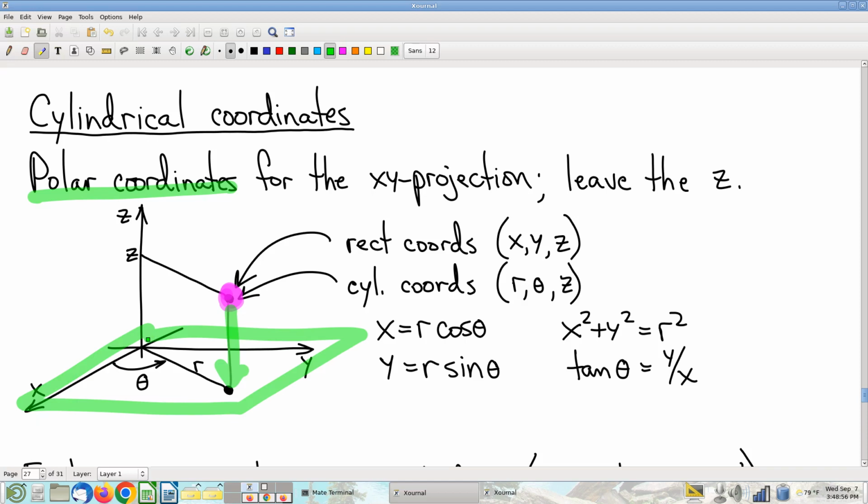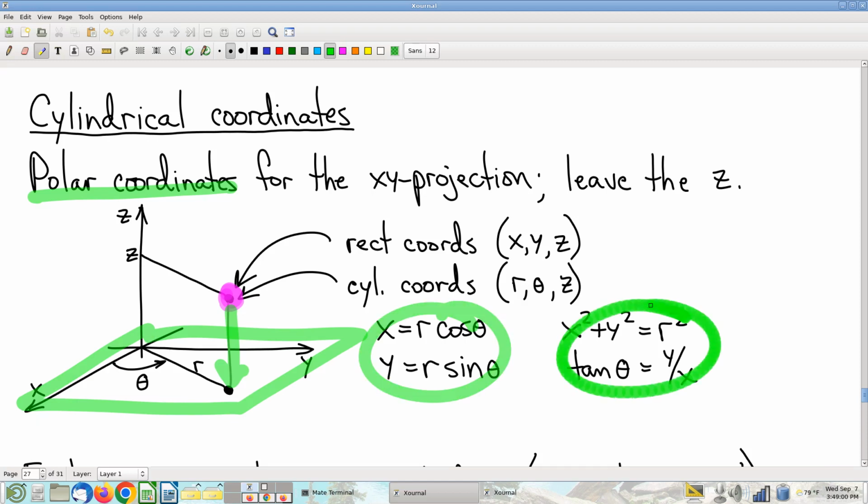And in the XY plane, we have existing relationships, and the rectangular coordinates are represented literally by the polar coordinates. So the first two cylindrical coordinates are exactly the existing polar coordinates. So that's a lot of good news.